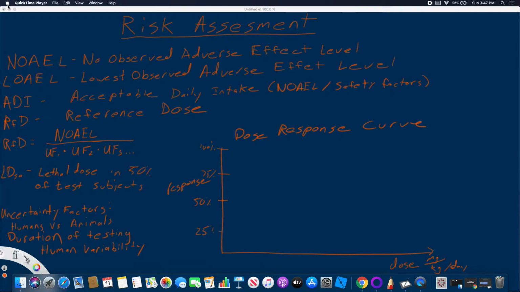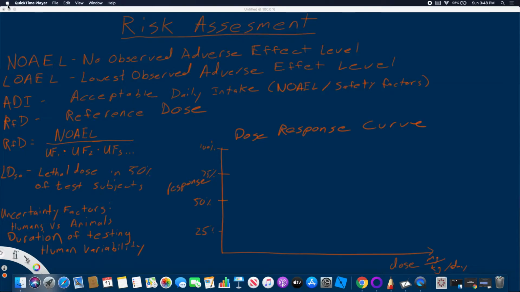It kind of gets split into two categories. You have your carcinogens and you have your non-carcinogens. And so, discussing this, we usually use some terminology based on the number of responses per population of test subjects.